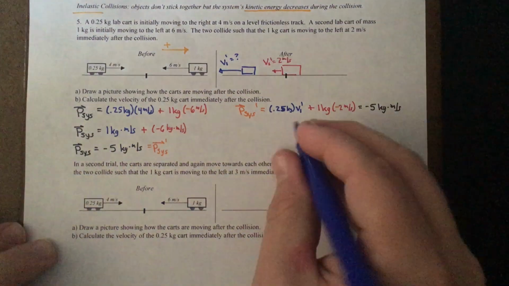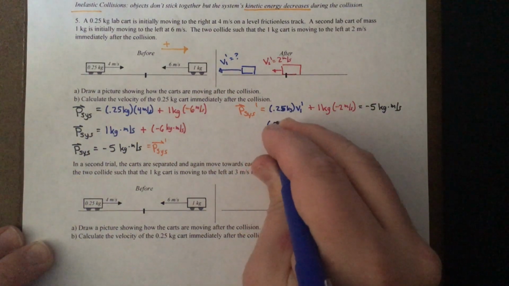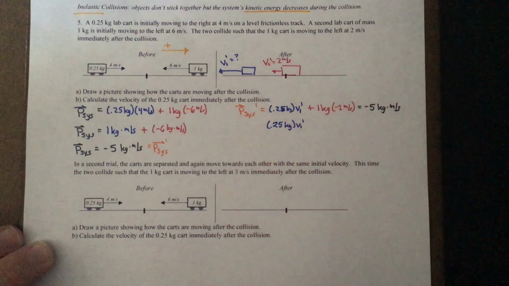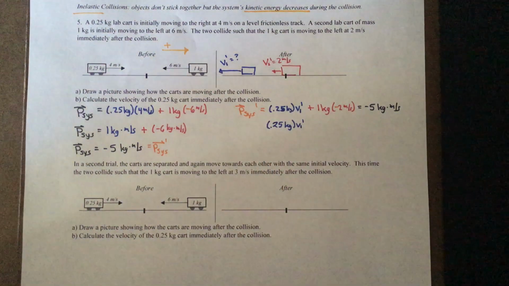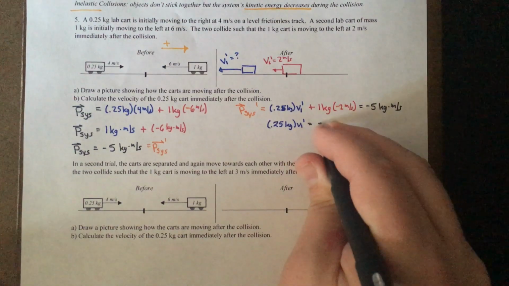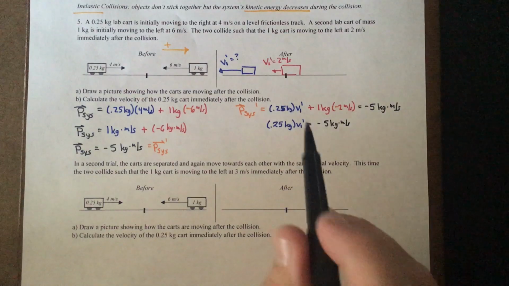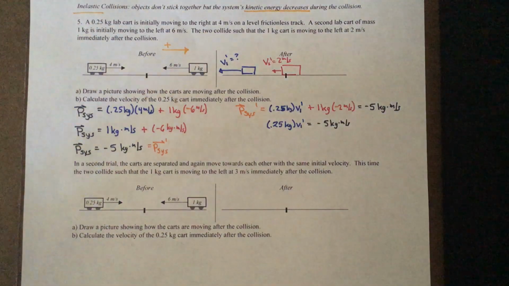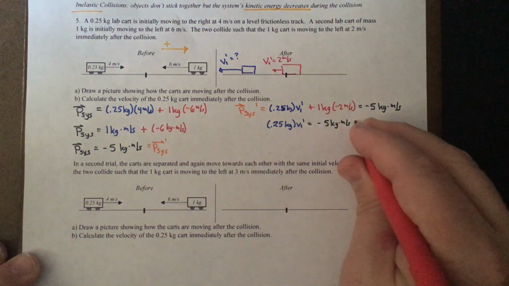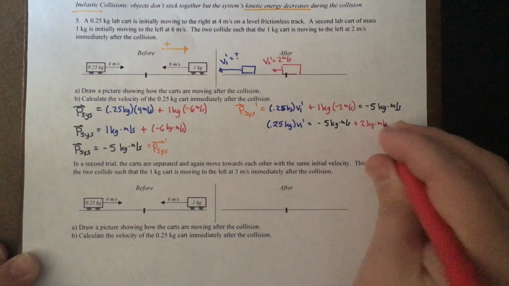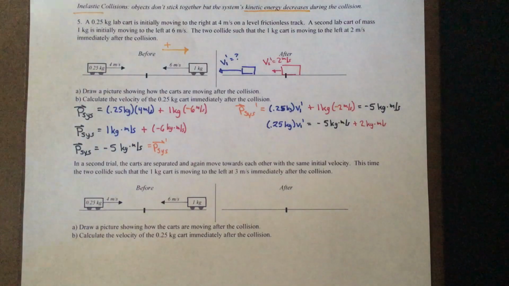So, doing a little bit of simplifying and solving here. Stuff in blue is still that. Equals negative 5 kilogram meters per second. I'm going to go ahead and add that to both sides because it's negative. I'm going to do it by adding. So plus 2, because 1 times 2 is 2.